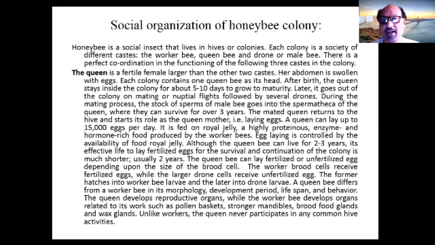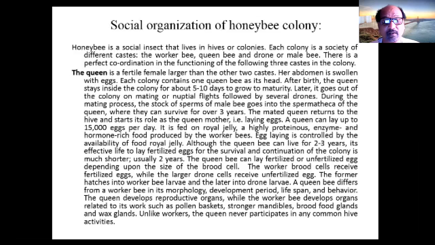The queen can lay fertilized or unfertilized eggs depending on the size of the brood cells. The worker brood cells receive fertilized eggs, while the larger drone cells receive unfertilized eggs. The former hatch into worker bee larvae and the latter into drone larvae.